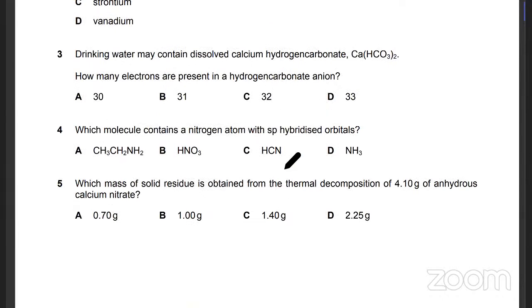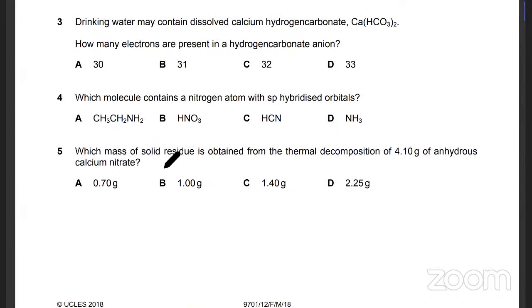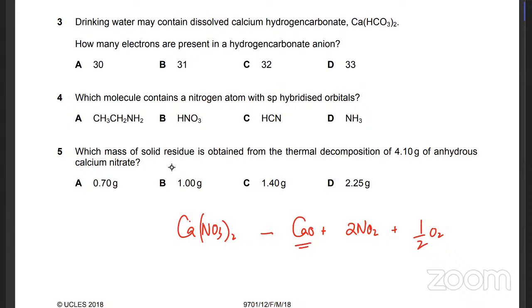So number 5 is 4.1 grams of calcium nitrate decomposes. So what's the equation of calcium nitrate decomposing? This is the equation and 4.1 grams. And he's saying what mass of solid residue? He's talking about this one. This is the solid residue. So how many moles is this? 4.1 divided by the Mr, which is 40.1, 14 into 2, that's 28, 16 into 3, 16 into 6, that's 96.